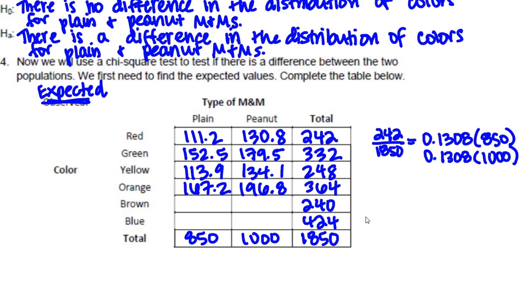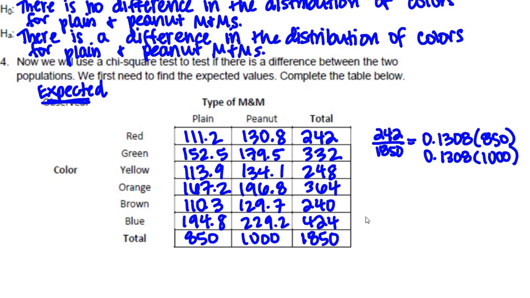And I'll go ahead and write the rest in. So those are the expected counts.